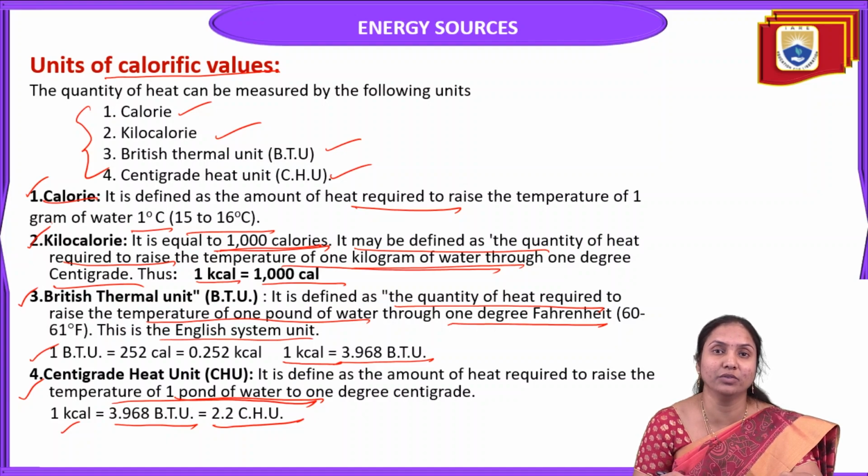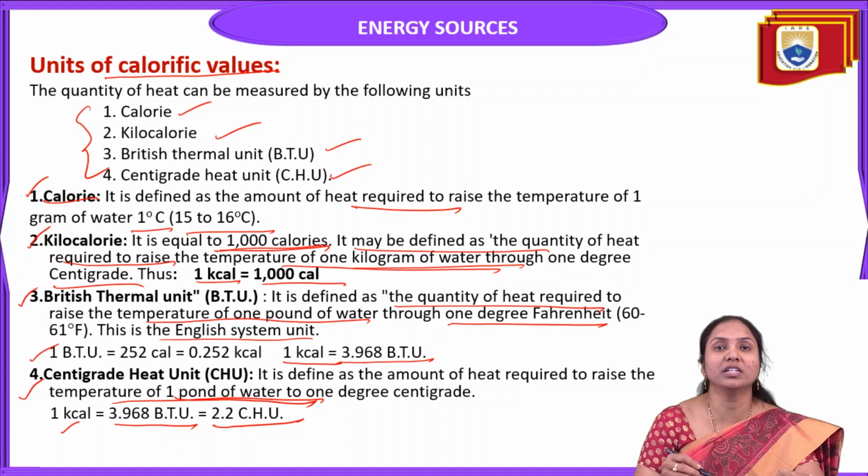So what are the units of calorific value? It is measured using four units: calorie, kilocalorie, British thermal unit, and centigrade heat unit. Most commonly we use calorie or kilocalorie. A calorie is the amount of heat required to raise the temperature of 1 gram of water.